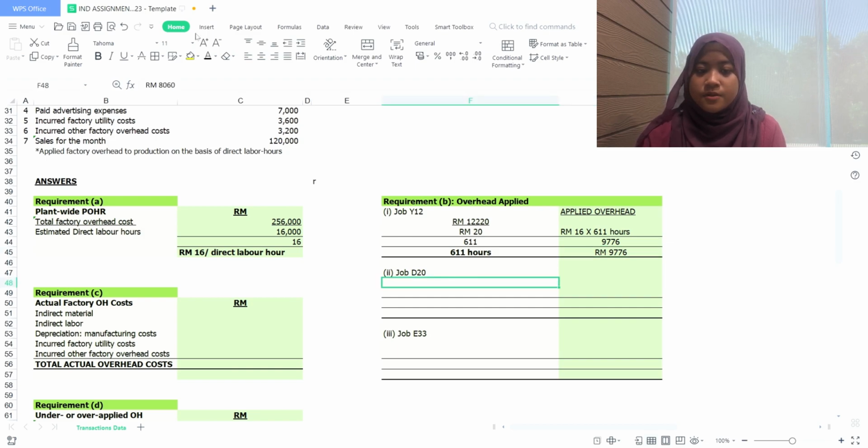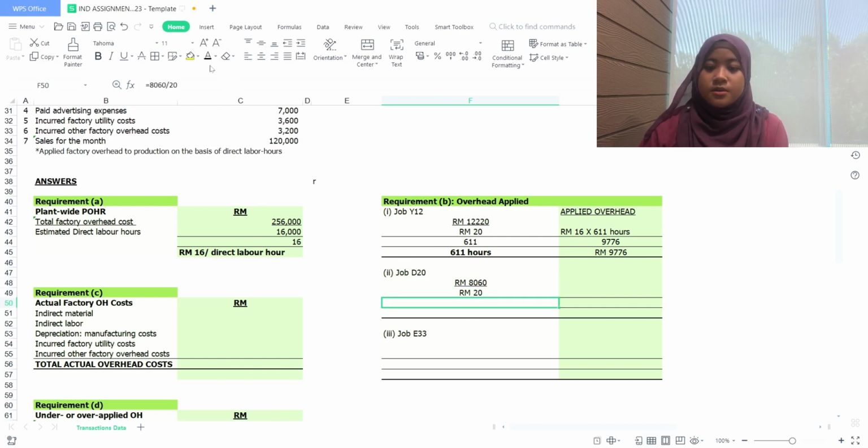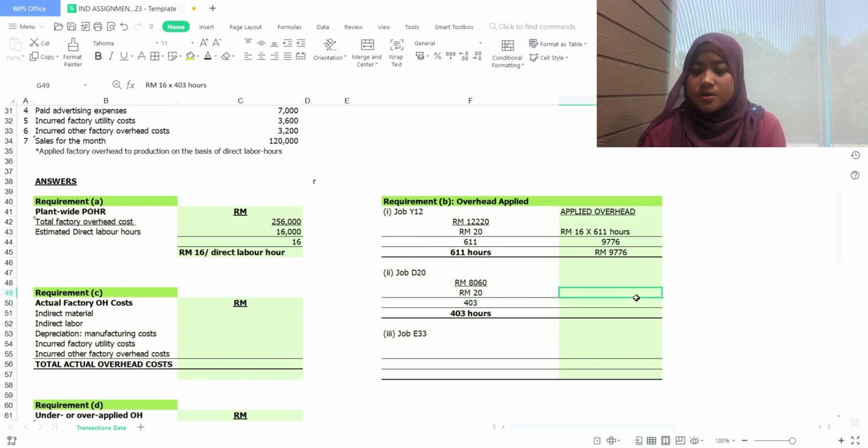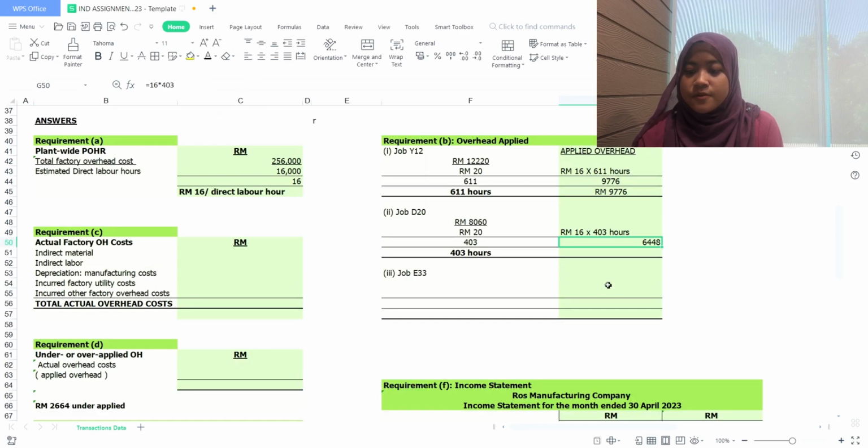Same, we have to divide the labor cost, 8,600 divided by 20 ringgit, we get 403 hours. So we times 16 ringgit times 403 hours, we get 6,448 ringgit.